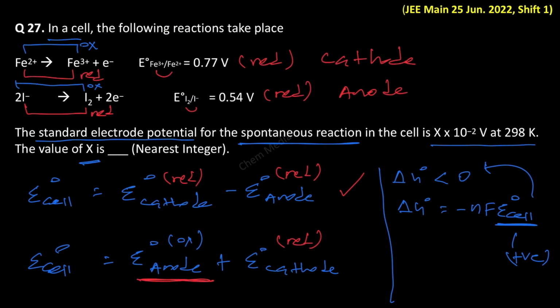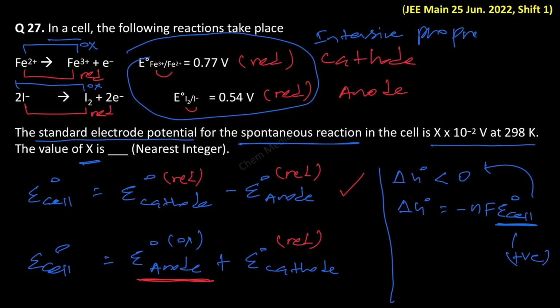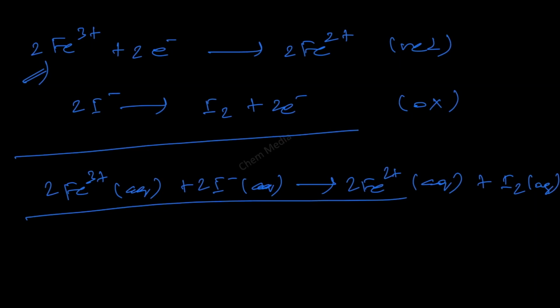Now, keep it in mind that standard electrode potentials are intensive properties. They are not extensive properties. That means they depend on the nature of the substance and not the amount. Therefore, just because we multiplied here by 2, it doesn't mean that we have to multiply the standard reduction potential by 2.